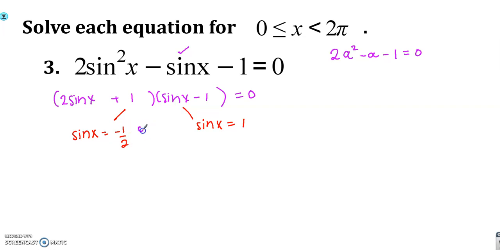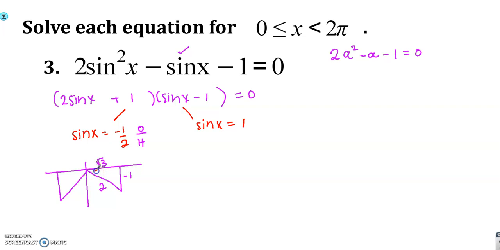Okay, so this sine ratio, this is opposite over hypotenuse. So this does match the side lengths of a special right triangle. Okay, so sine's going to be negative on the bottom, where the opposite is negative. So this side will be root 3.